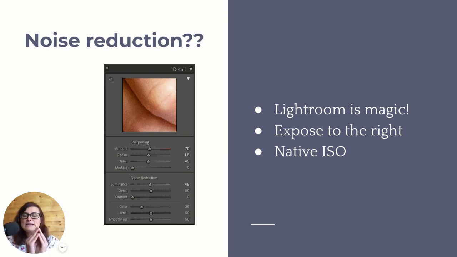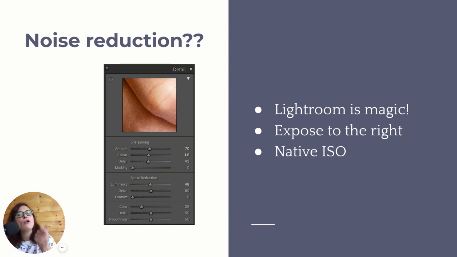Exposing to the right simply means that you have to overexpose your image slightly instead of underexposing it. Why is this? Why does overexposing our image give us the best noise reduction?